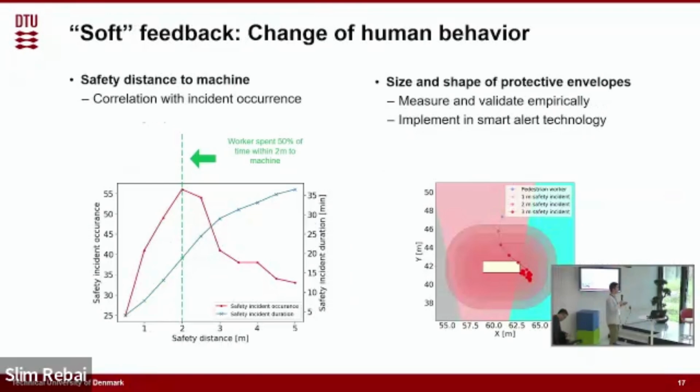We can see workers spend 50% of the time within 2 meters of the machine, which is fine at that construction site, but for a different construction site, the statistics or the recommendation have to be adjusted. That's why, besides providing personalized feedback to construction workers, we also recommend adjusting the size and shape of the protective envelopes of the construction machine.